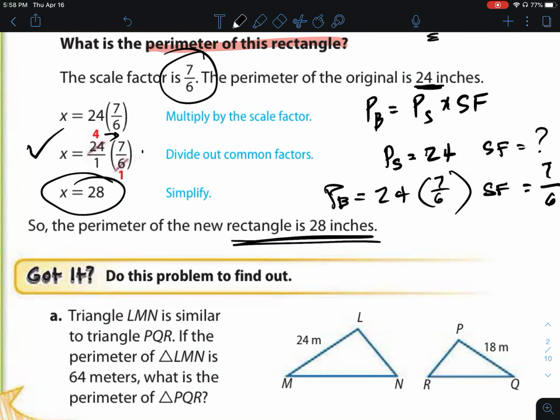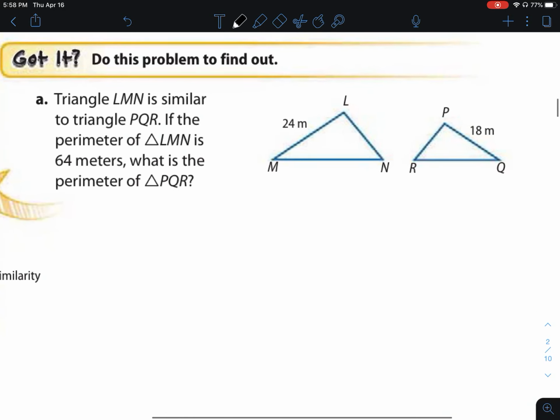Let's take a look at the "got it" and see how this works. You have triangle LMN is similar to triangle PQR. Again, we don't have to worry about if they're similar or not because it's already saying that they're similar to each other. That means the corresponding sides of both triangles are proportional.